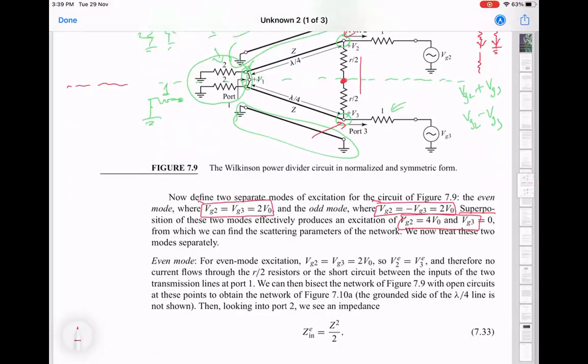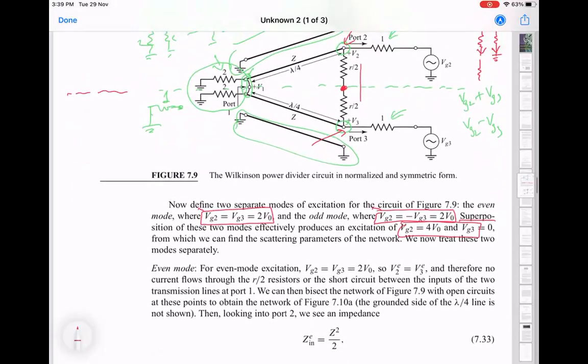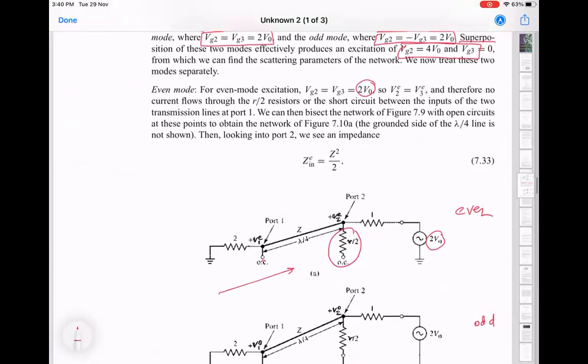So we started by looking at the even mode, where the two voltages here, VG2 and VG3, are equal and of value 2 V0. And in this case, the center point here can be considered to be an open circuit, right?